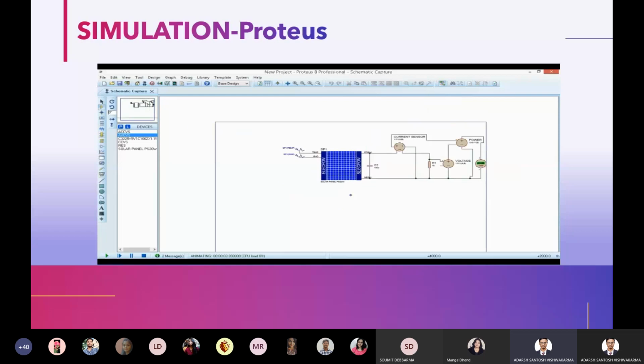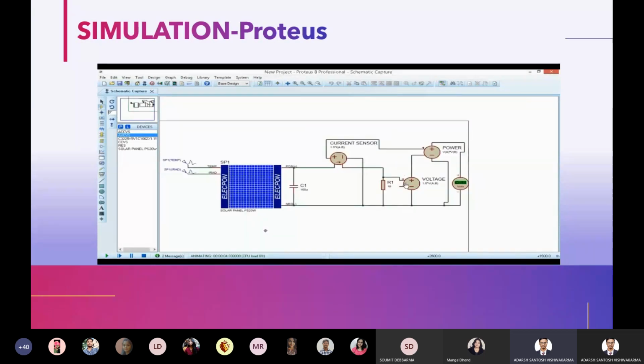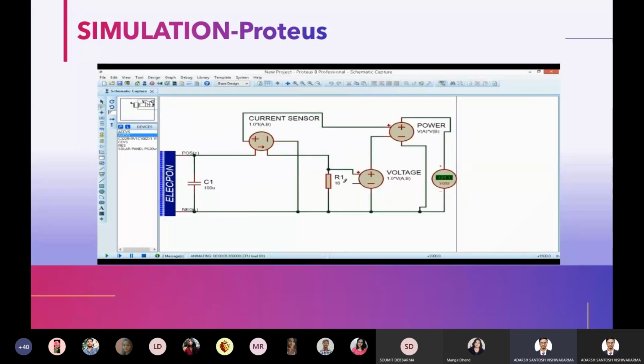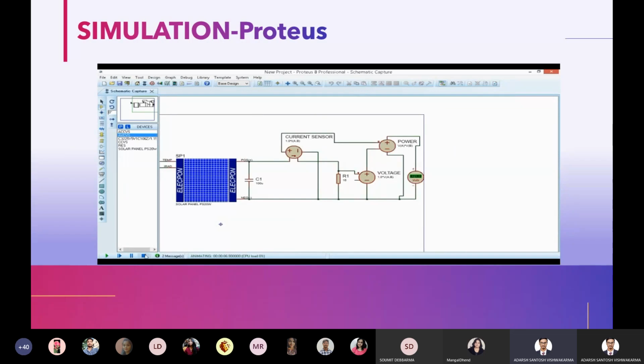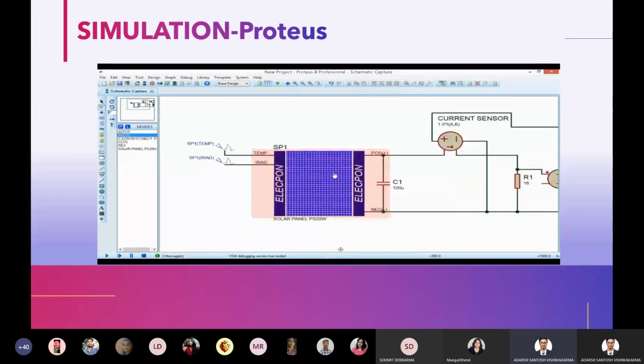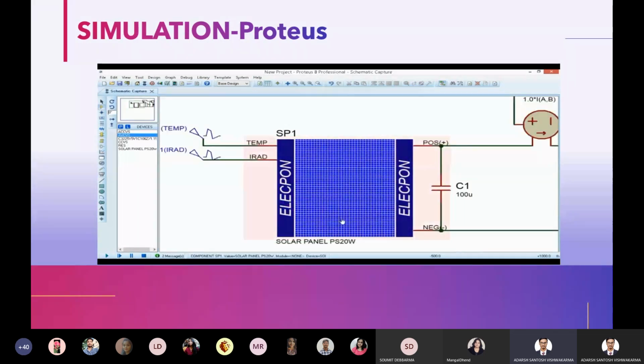So that's very important. Even, for example, if you don't follow the format of your CV or resume, your resume might get rejected. In the same way, such schematics or circuits should be named properly.